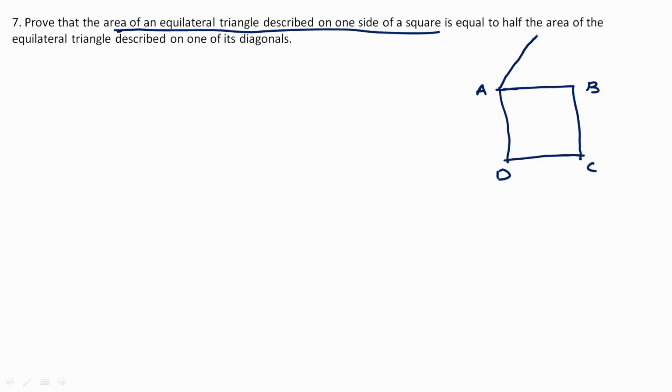You can draw an equilateral triangle on one side of the square, and this is your equilateral triangle AEB. This is your diagonal, and another triangle described on the diagonal of the square is the equilateral triangle DFB. Now let's see the proof of this question.